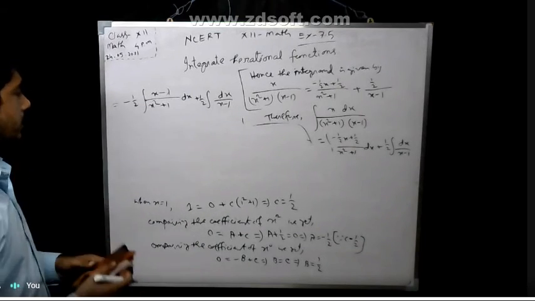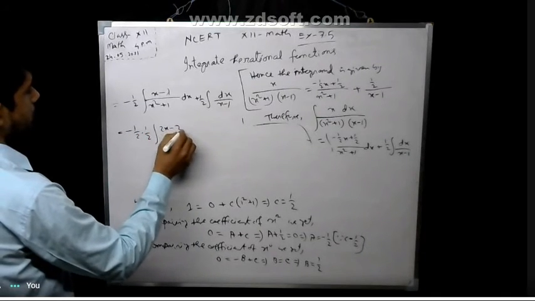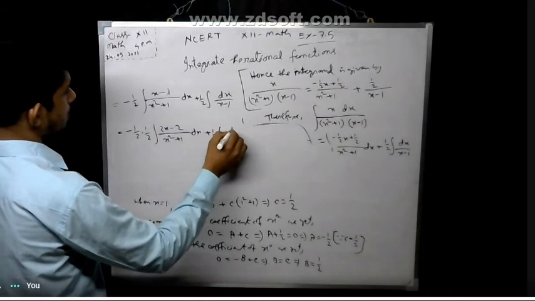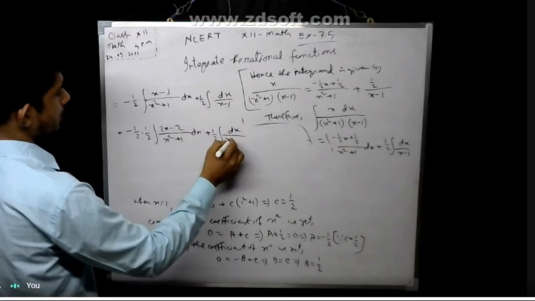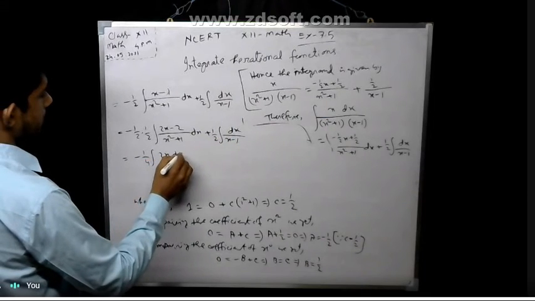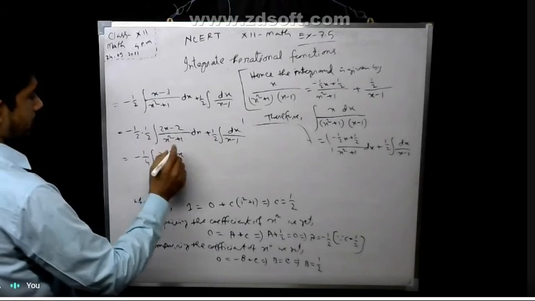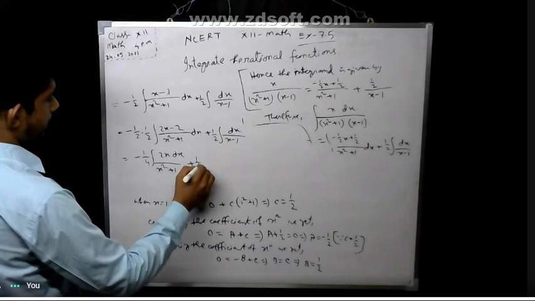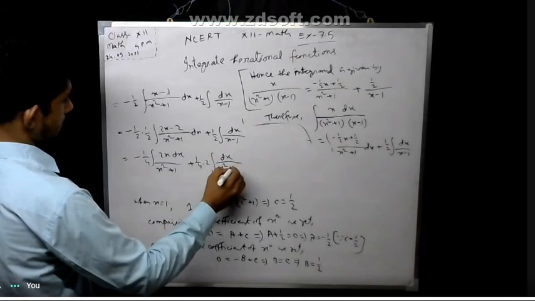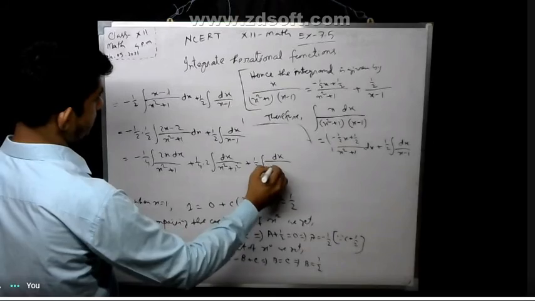We have to make it 2x, so minus half into half, then it will be 2x plus 2 over x square plus 1 dx, plus half into this, which is your log of this. Equal to minus 1 by 4 into 2x dx by x square plus 1, plus 1 by 4 into 2 dx by x square plus 1, plus half into dx by x minus 1.